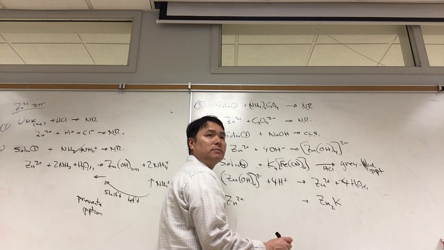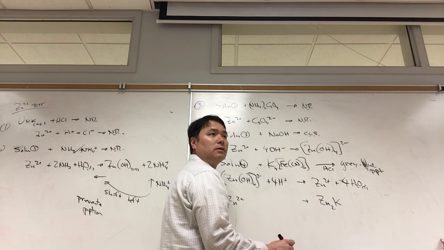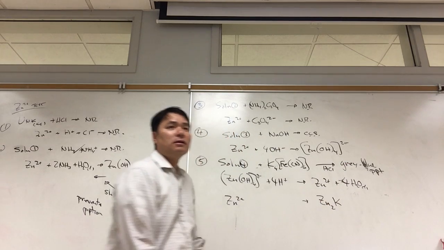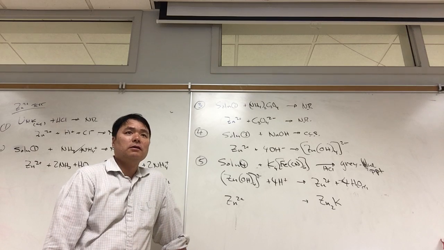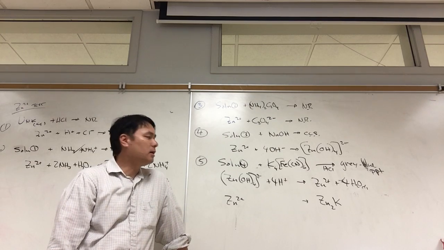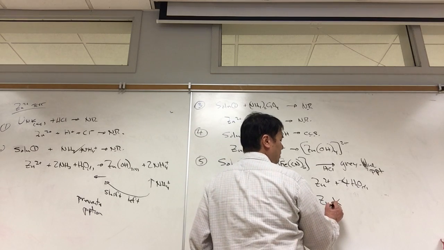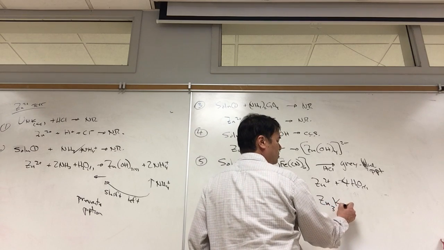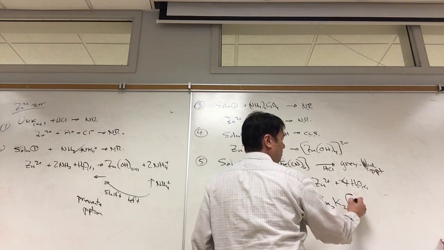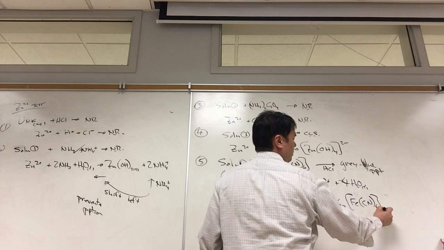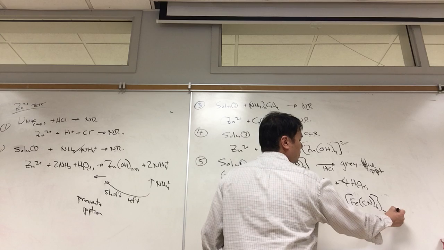Is there potassium there? What's the precipitate formula, the gray-blue precipitate? The formula is Zn3K2 hexacyanoferrate, solid.